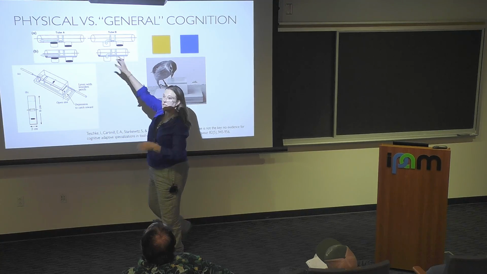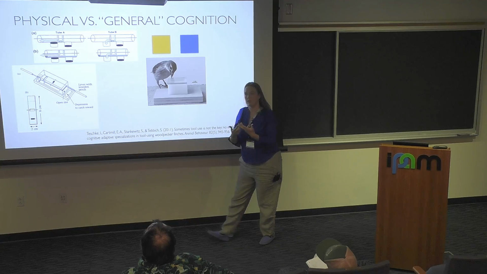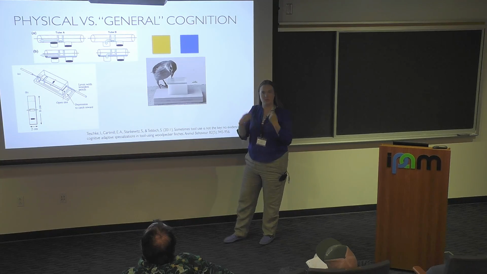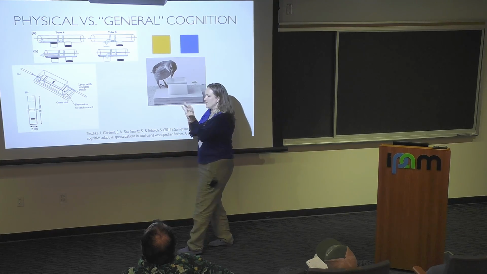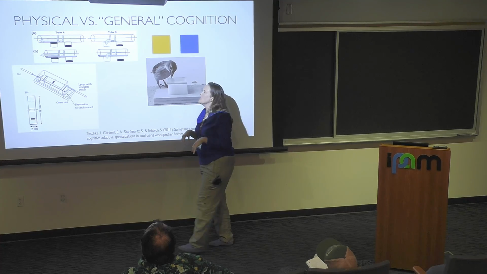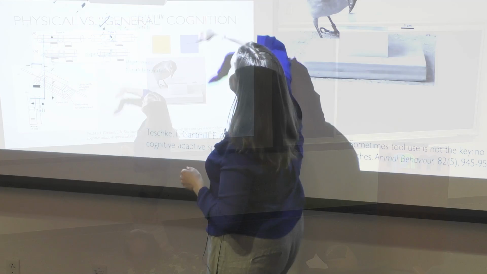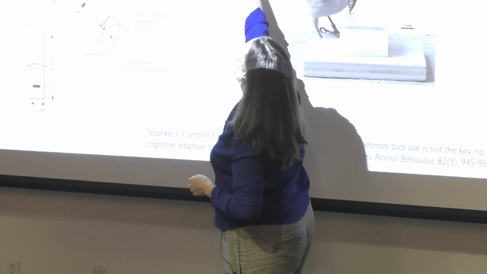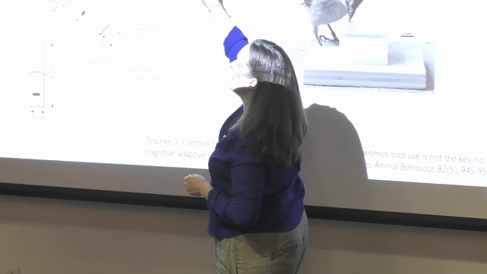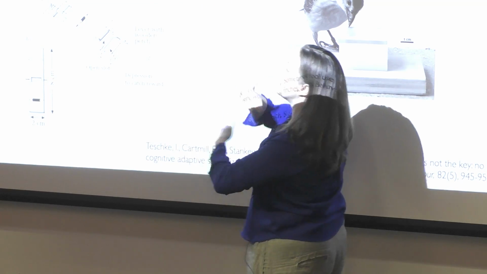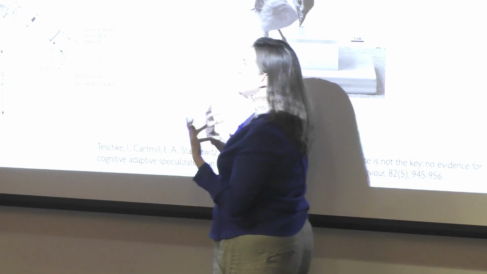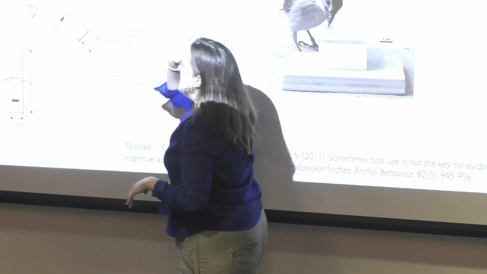And this task very closely physically resembles the tool use that they have evolved to do, they're doing in the wild, right? They take these little sticks, they poke them into holes to get caterpillars and other insects. So we have a physical cognition task where surface continuity is critical to success in the task, assessing that continuity.